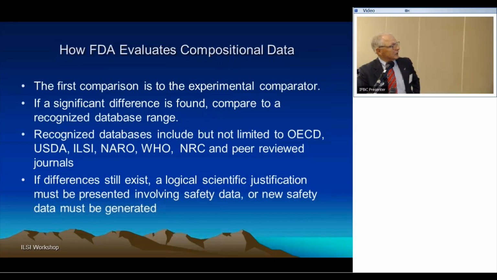If a significant difference is found, compare to a recognized database range. Recognized databases include, but are not limited to, OECD, USDA, ILSI, NARO, WHO, NRC, and peer-reviewed journals. If a difference still exists, a logical scientific justification involving safety data must be presented, or new safety data must be generated.